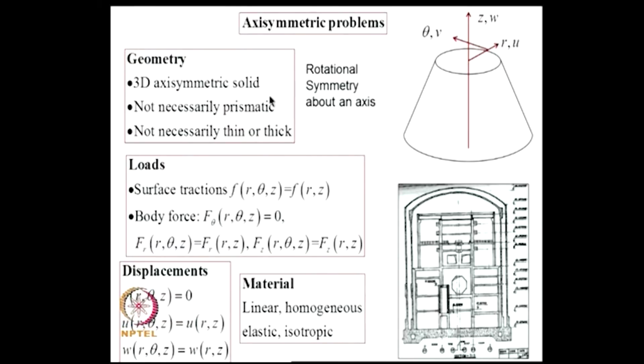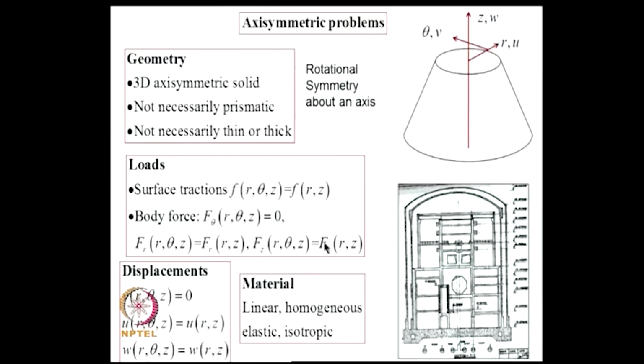We are relaxing that. The loads, the surface tractions are independent of theta. They are only functions of r and z. And similarly, body forces, there is no body force in the theta direction, and the other body forces in r and z directions are independent of theta.